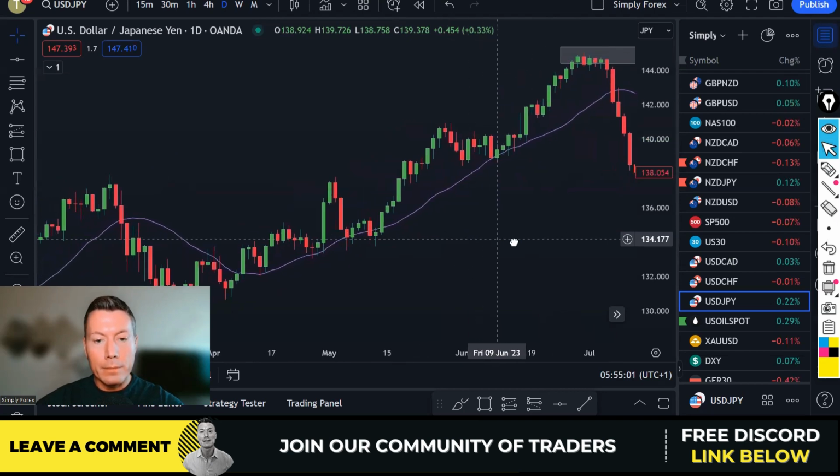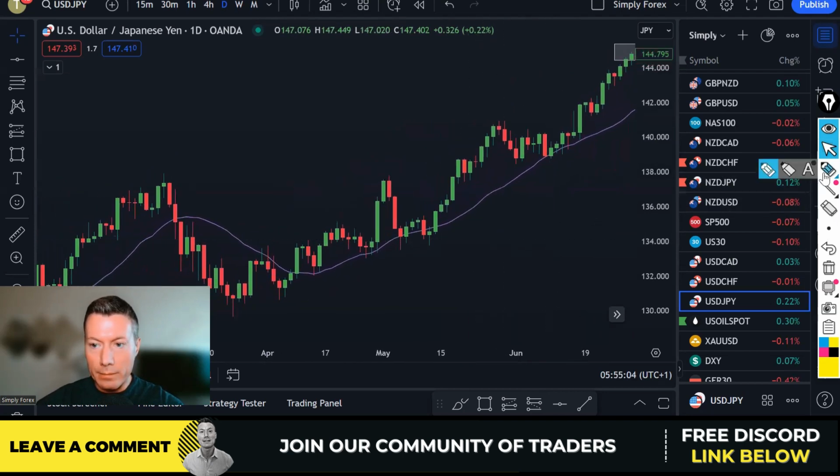But let's imagine, on this trade here, we're in an uptrend. Let's say you were buying here on the H1 chart or something like that, and then you got hedged and your sell trade is here.